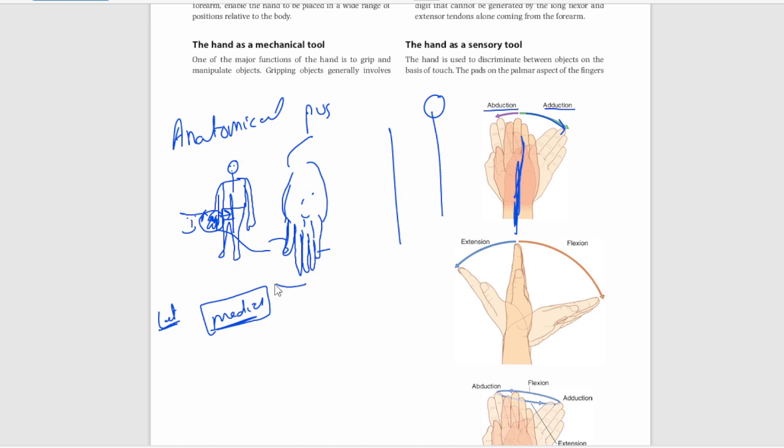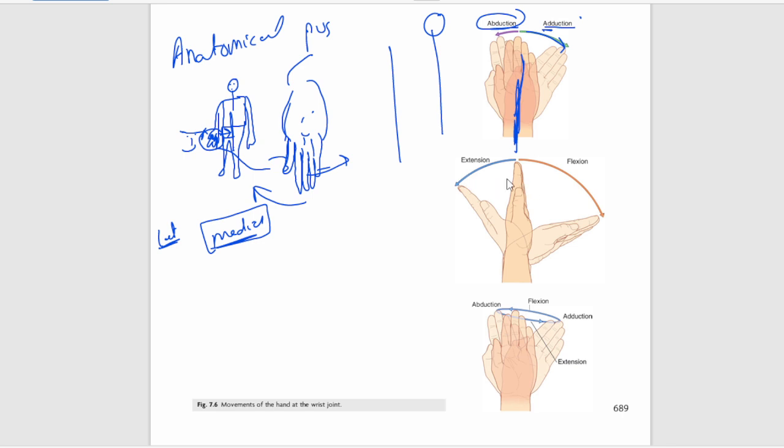If you move your hand toward the lateral side, this is called abduction. If you move your hand toward the little finger, this is called adduction. Okay, now extension and flexion. If you move your hand to the palm side, that is called flexion.